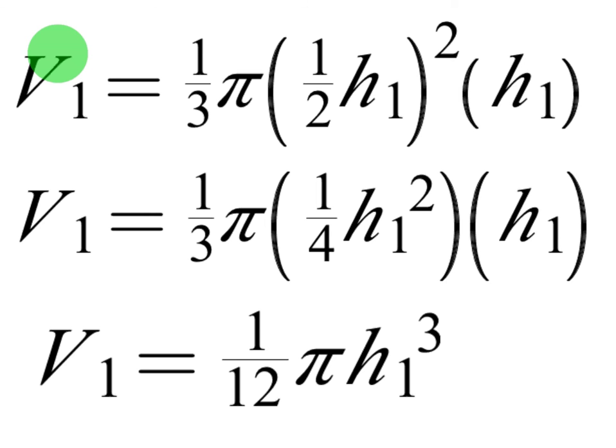Another thing we can do, and I actually made this a little bit more complicated, is substitute R with 1/2 H1. Now 1/2 squared is 1/4, so that's 1/4 H squared, and then 1/4 times H squared times H is H cubed, or H1 cubed.